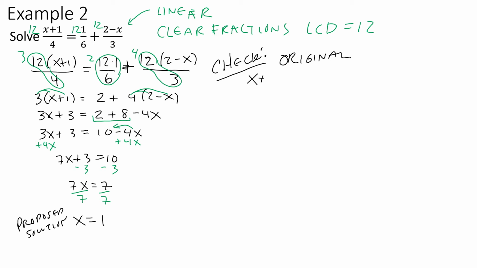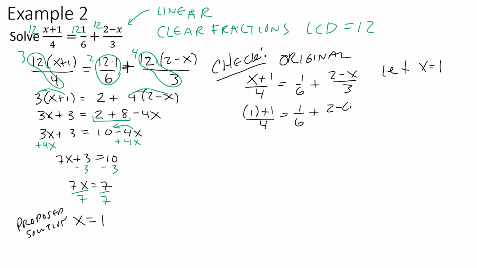So the original equation was the quantity x plus 1 divided by 4 equals 1/6 plus the quantity 2 minus x over 3. So now if I let x equal my proposed solution, which is 1, and I plug in, I have 1 plus 1 divided by 4 equals 1/6 plus 2 minus 1 divided by 3.